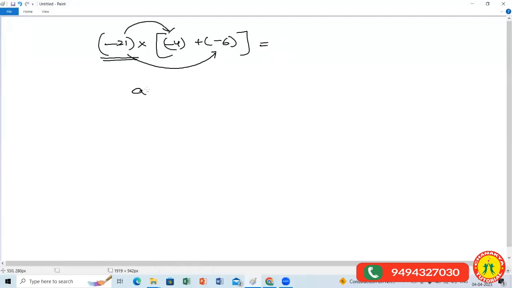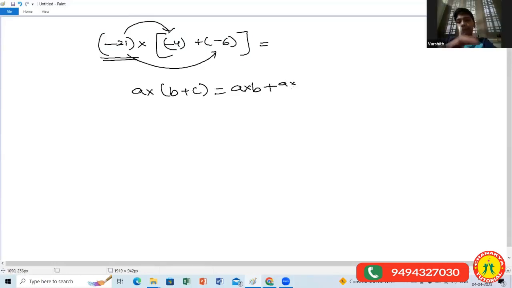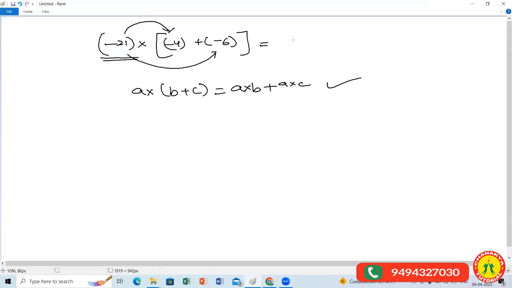So A into (B plus C) can be written as A into B plus A into C. This is true, children. So we have to do it like that: -21 into -4 plus -21 into -6. Same way you have to do it.